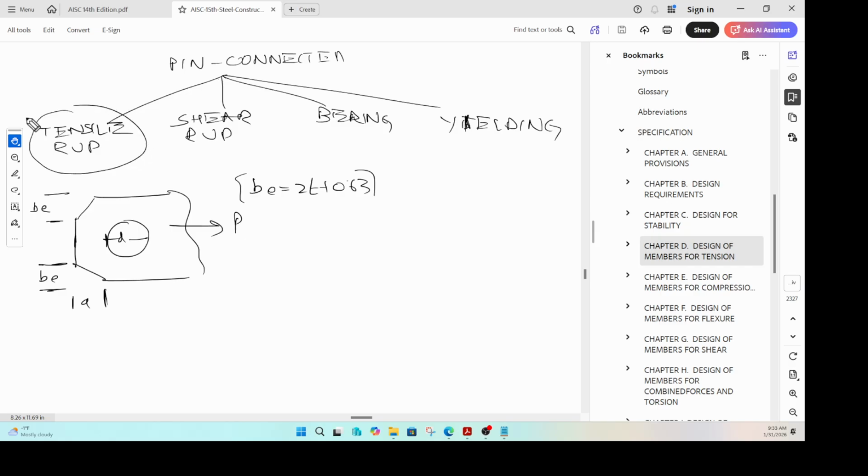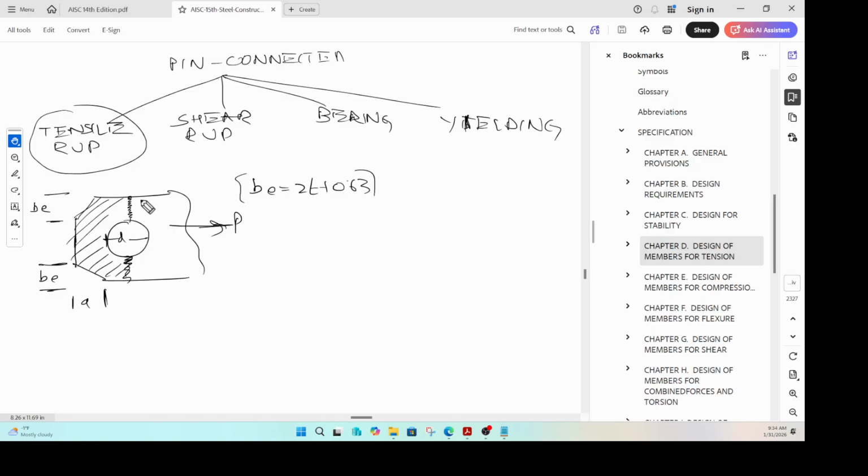Okay, so if you know be, now how will this fail? What is tensile rupture? Tensile rupture means it happens on the effective net area, right? So let us say this section, once you pull, if that section is weaker, then this entire chunk here can come out, right? So how do you calculate that particular strength?